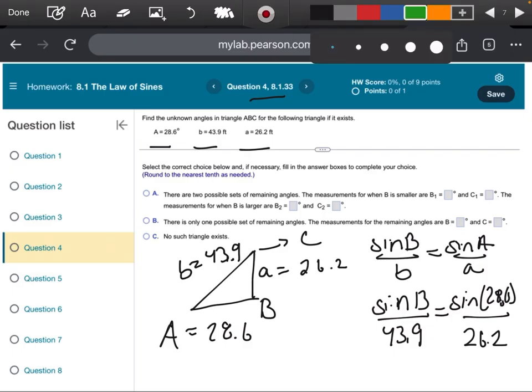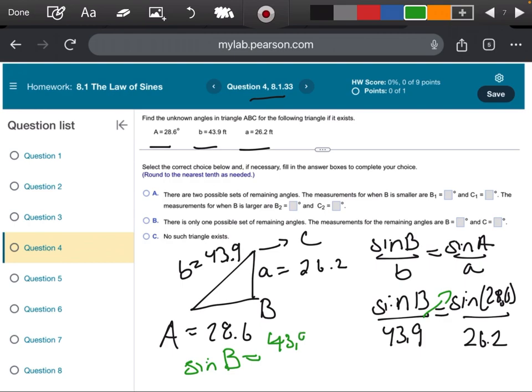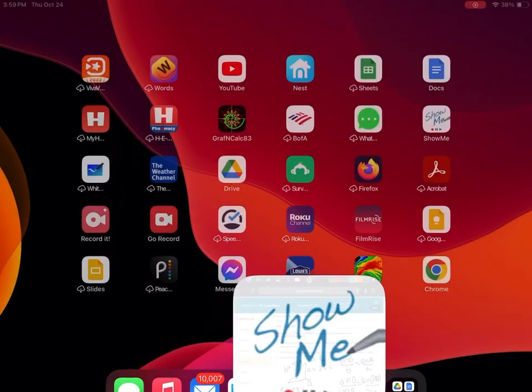And then we're just going to cross multiply here, y'all, so that we'll get the sine of B is equal to 43.9 sine of 28.6 over 26.2, and then we'll take the sine inverse.